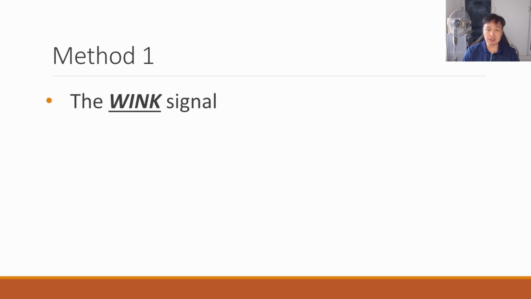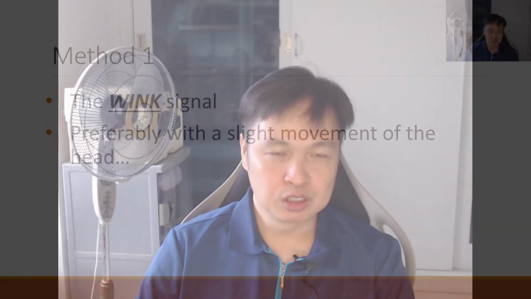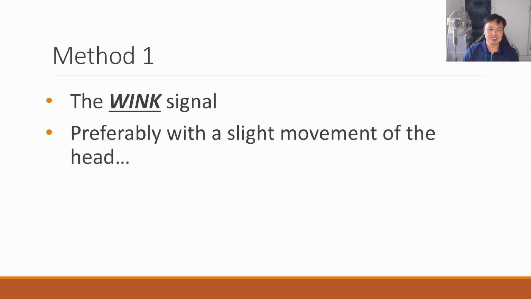Signal to the examiner that you're done with the point. So you do, all right, I'm done, right? You're saying I'm done, okay? Right, if you want to improve on it, upgrade on this method, right, you can do it with a slight movement of the head like this, right, so it's very clear to the examiner, right, that you're done with the point, and then you're moving on to the next point, okay?